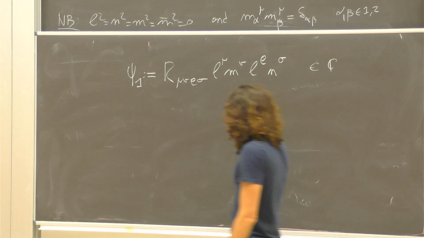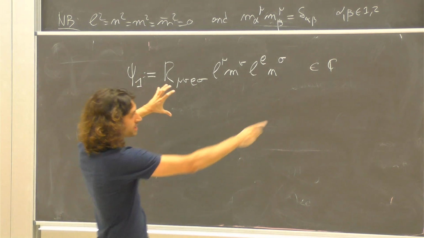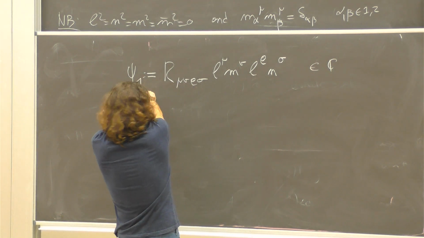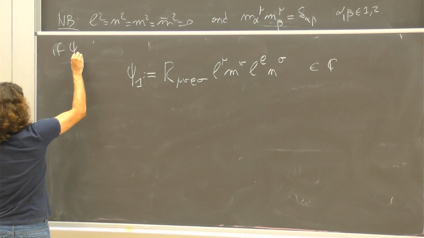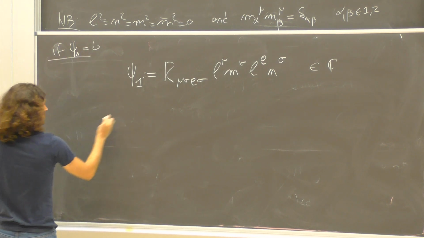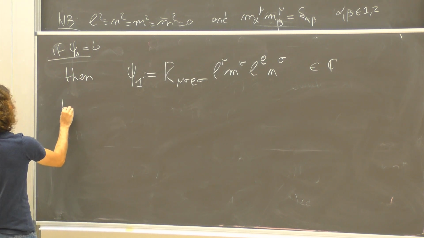So if psi0 is non-zero, this object is not strictly speaking an invariant object because if I change my null vector, it's going to change this one by a term like this. But if psi0 equals 0, then this object becomes an invariant.